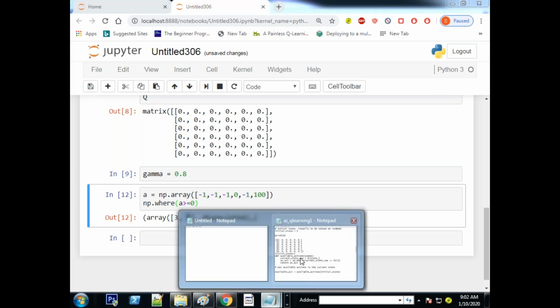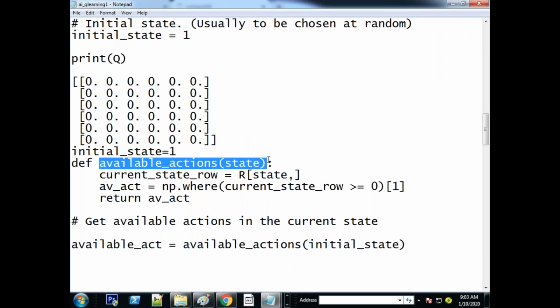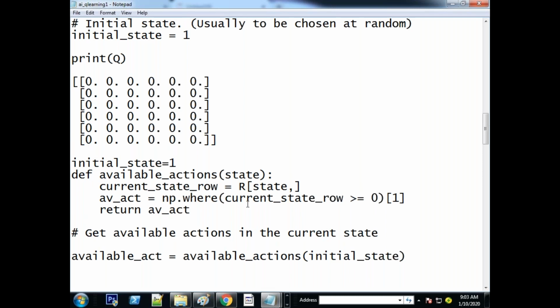Understood? So for this purpose, we are defining one more function. The function is available actions. I am passing my initial state, that means the current state. First we will take this line by line and understand this function.